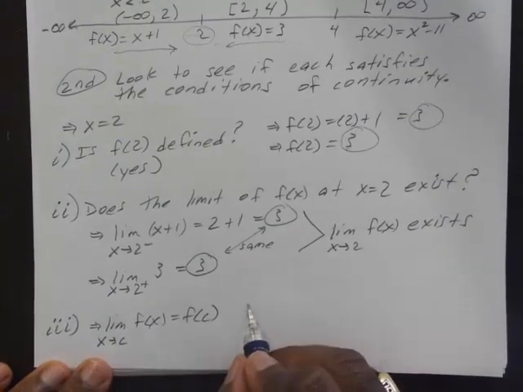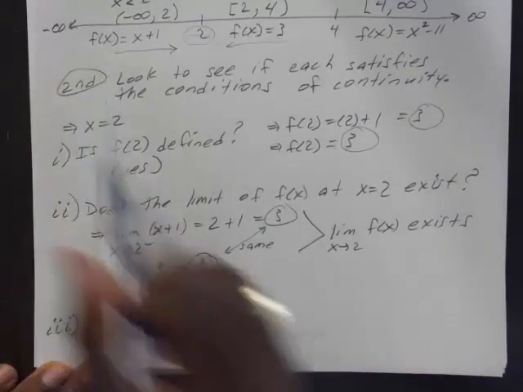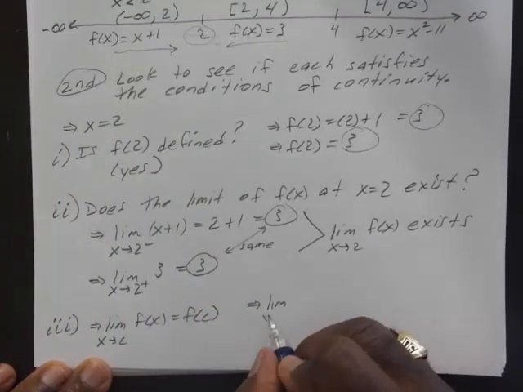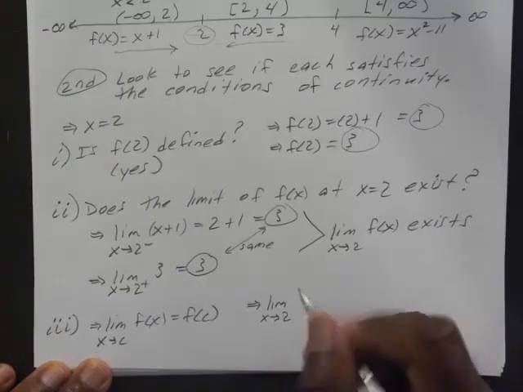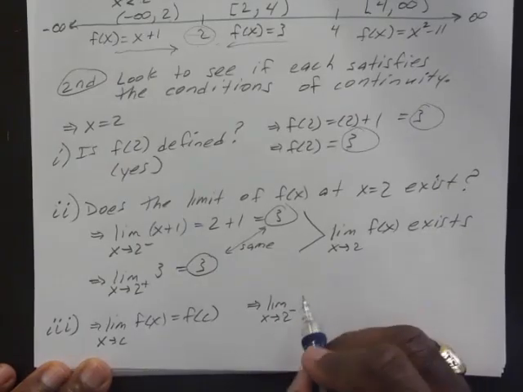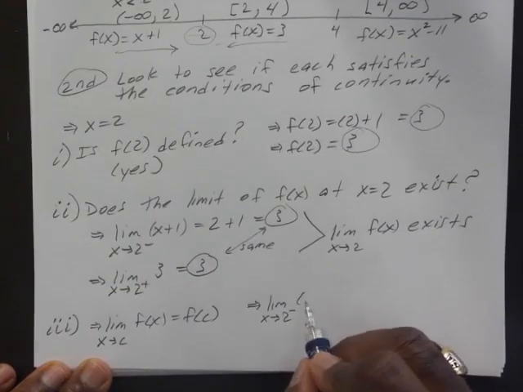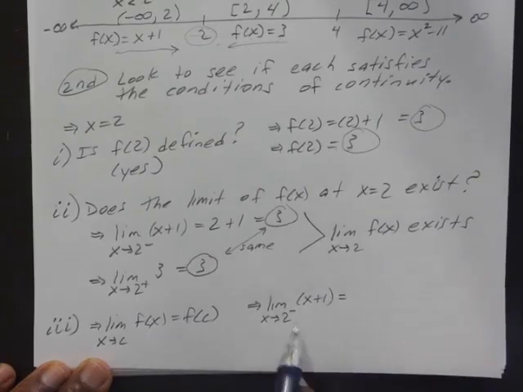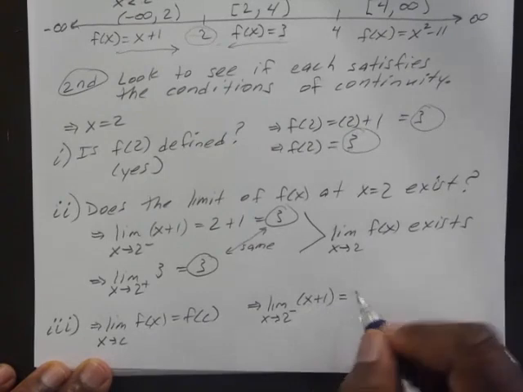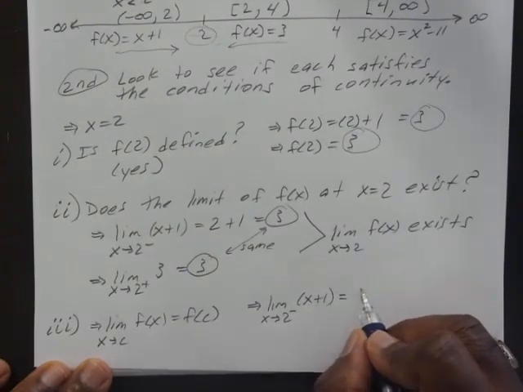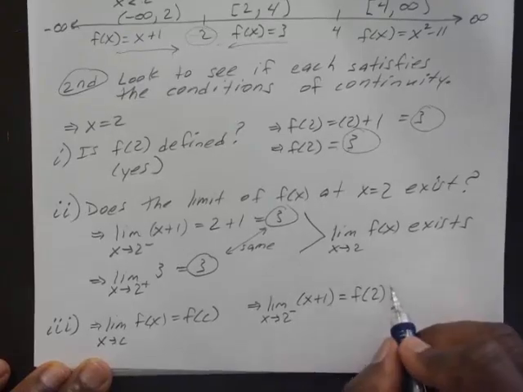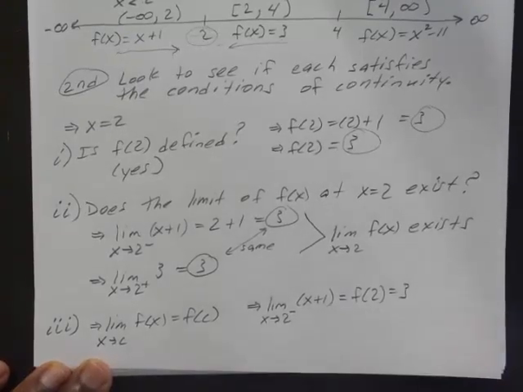Okay. Well, we can see that from the left, the limit as x approaches 2 from the left of that f of x, which is x plus 1, is equal to 2 plus 1, which is 3. So that's equal to f of 2, because if you plug it in, you just get 3.